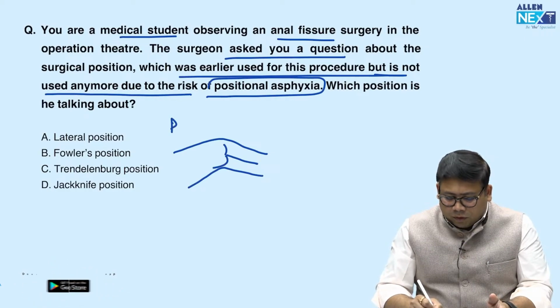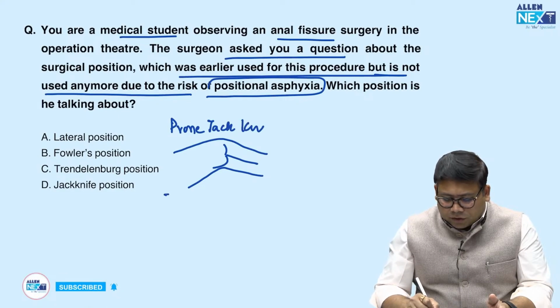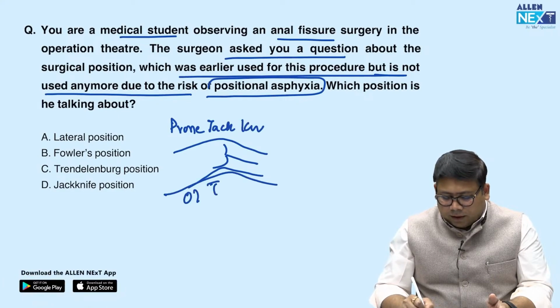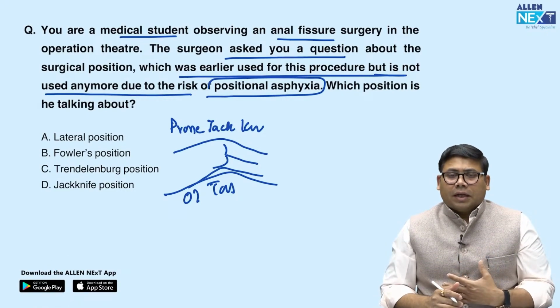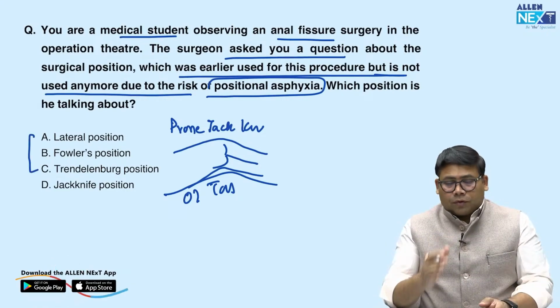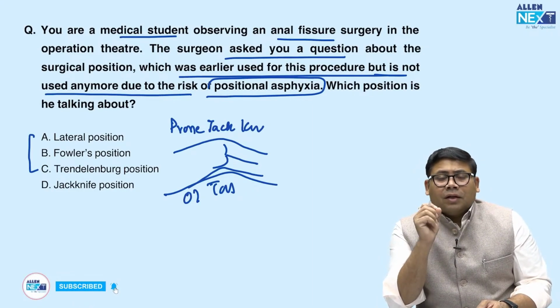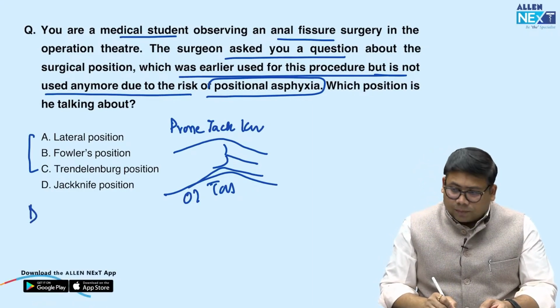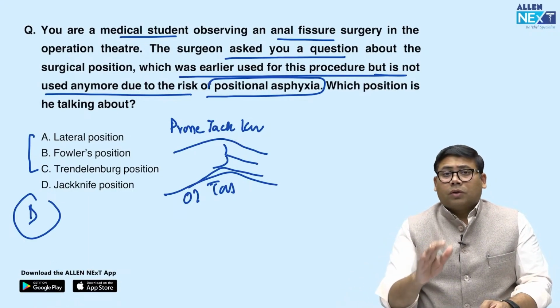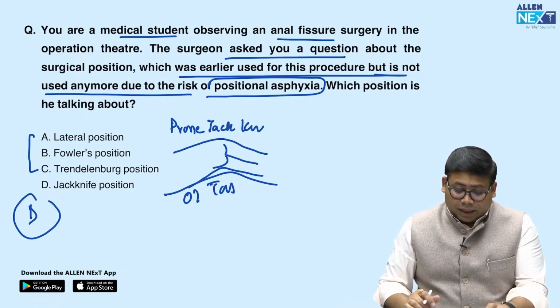On the OT table in the prone jackknife position, the patient has positional asphyxia. In the Trendelenburg, lateral or Fowler's positions, the patient does not have positional asphyxia. So option D is absolutely the right answer in this case.